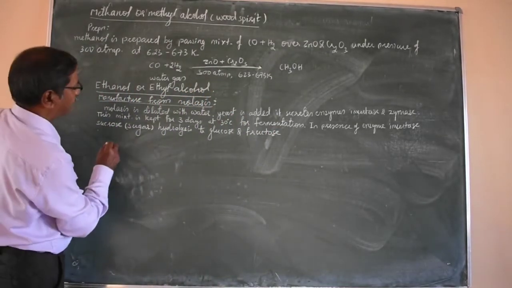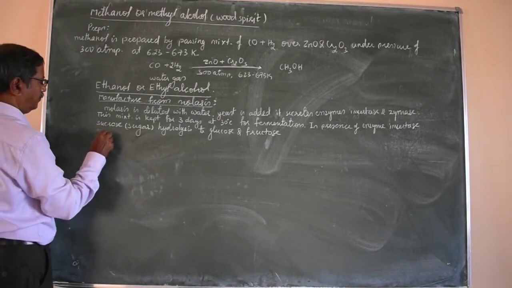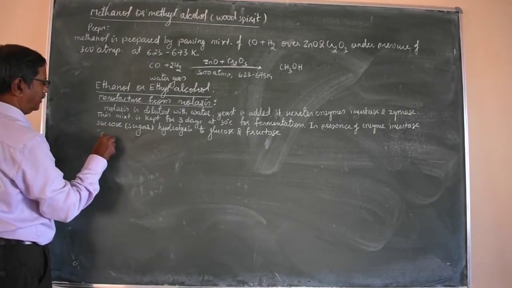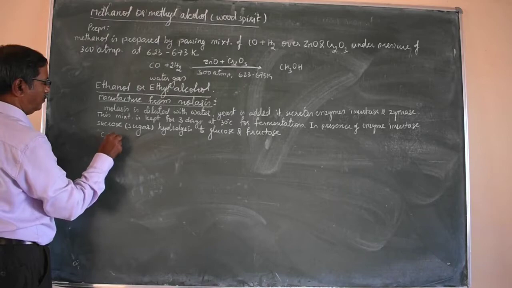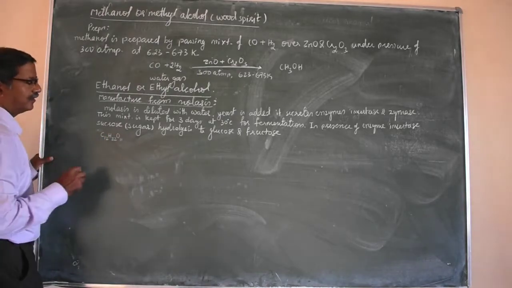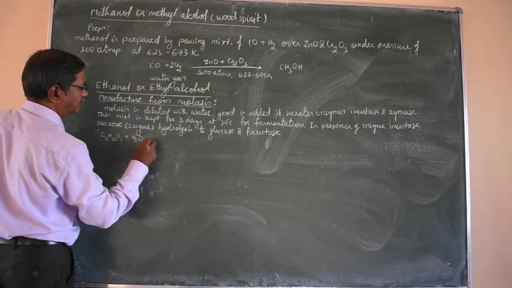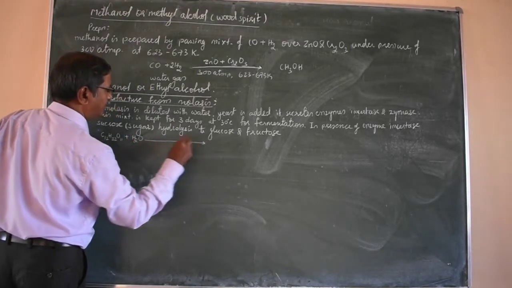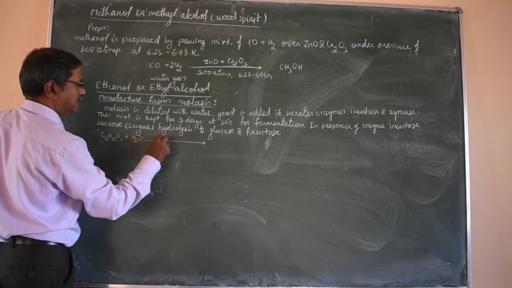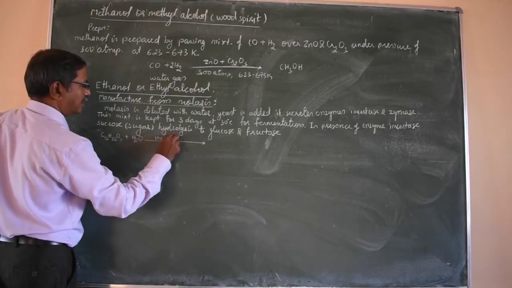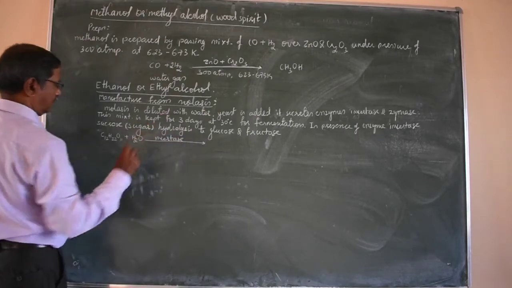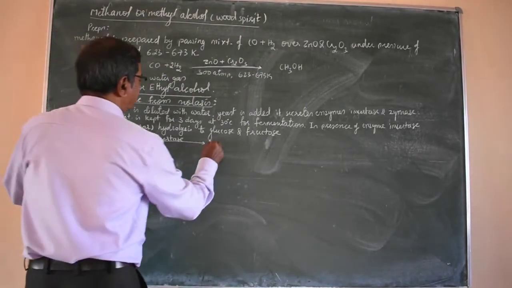That is sucrose, formula is C12H22O11. Undergoing hydrolysis means interacting with water in presence of enzyme invertase. Products are glucose and fructose.